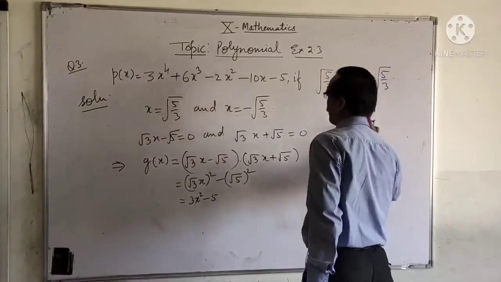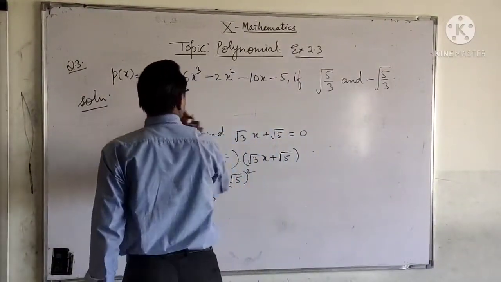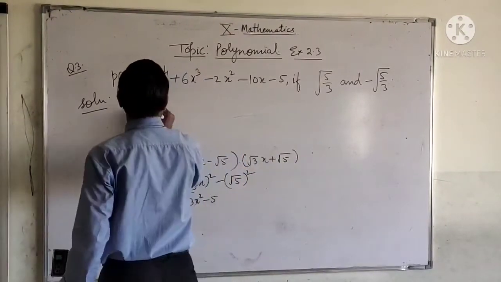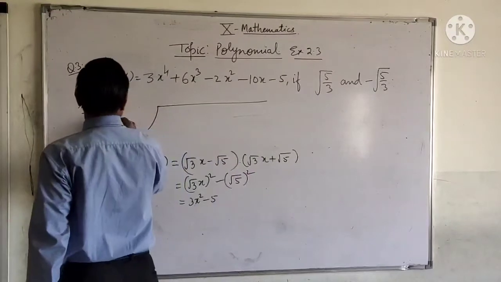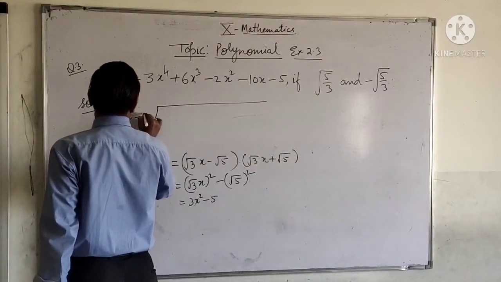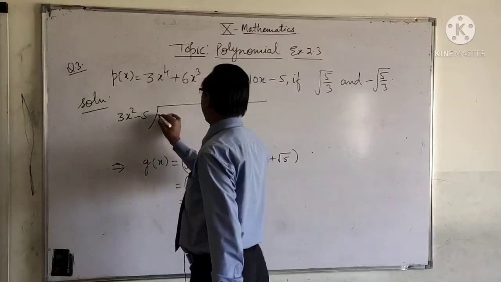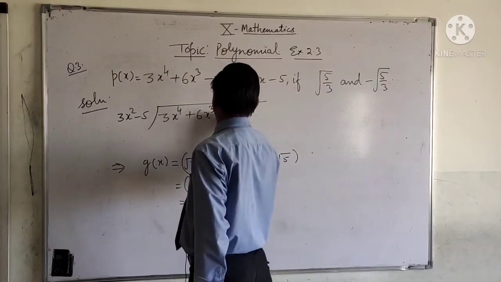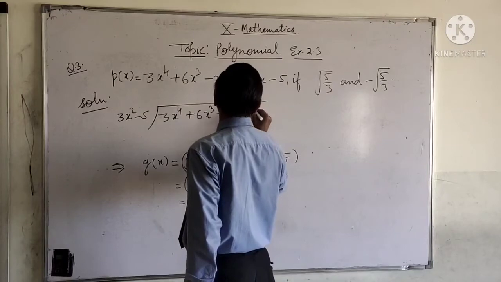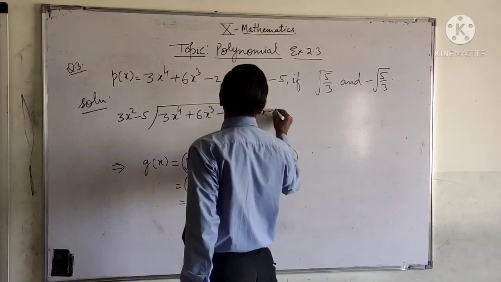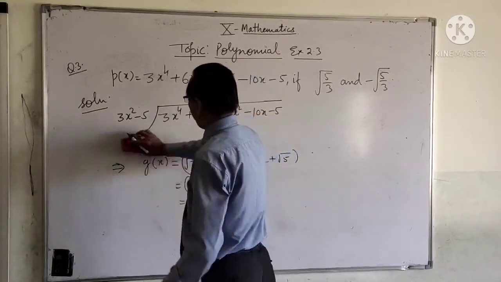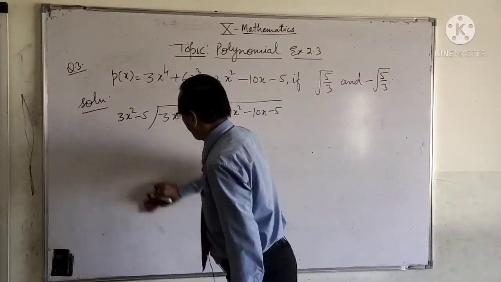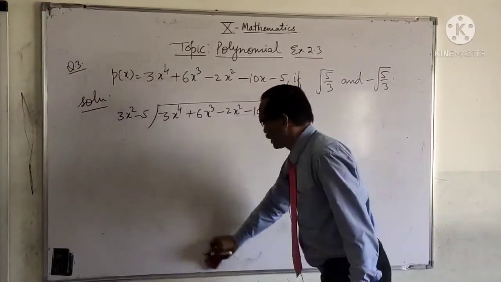Therefore, 3x square minus 5 divided into 3x^4 + 6x^3 - 2x^2 - 10x - 5.